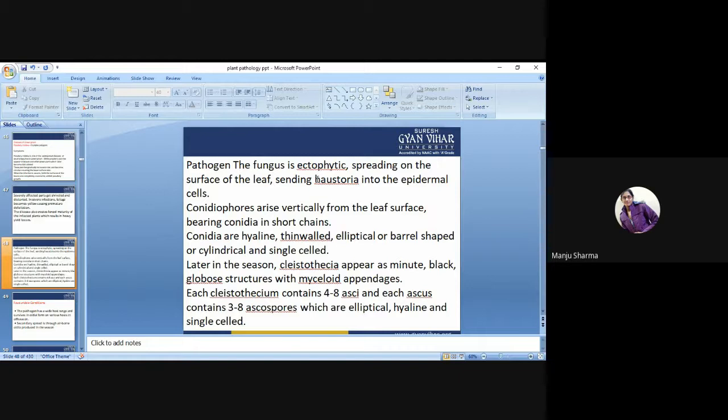Later in the season, cleistothecia appear as minute black globose structures with mycelioid appendages. Each cleistothecium contains 4 to 8 asci, and each ascus contains 3 to 8 ascospores, which are elliptical, hyaline, and single celled.